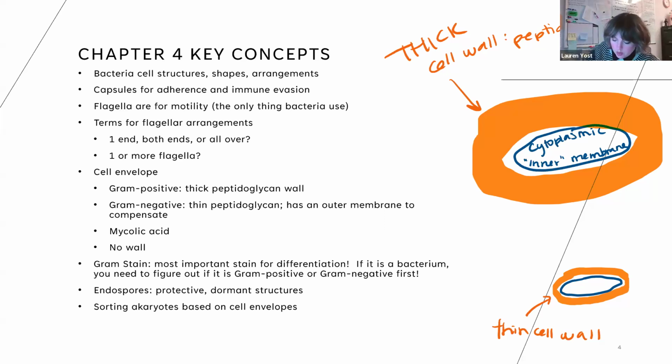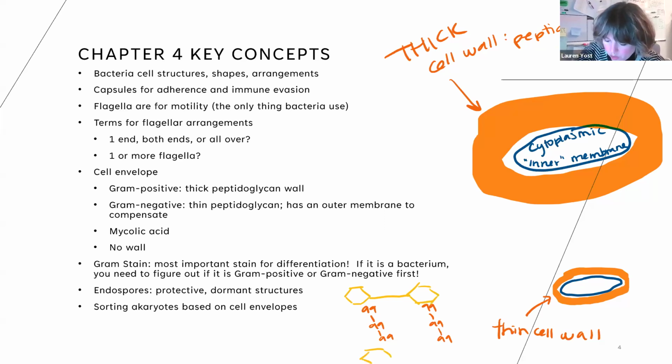Let's draw it out to the side over here. Amino acids are linked together, and they'll act as bridges between sugars. Six-carbon sugars.